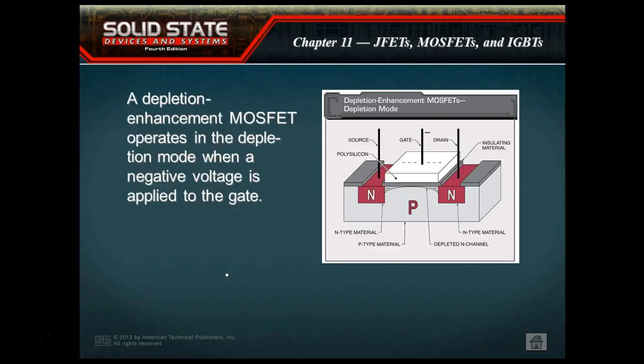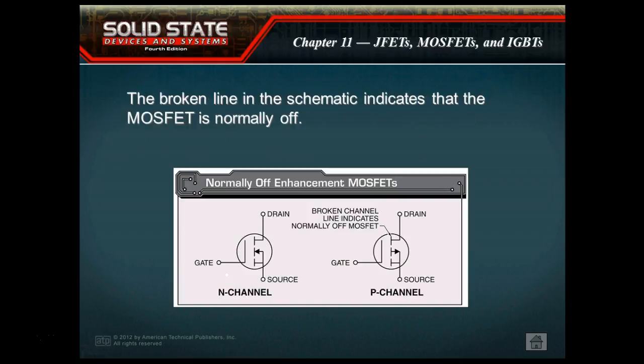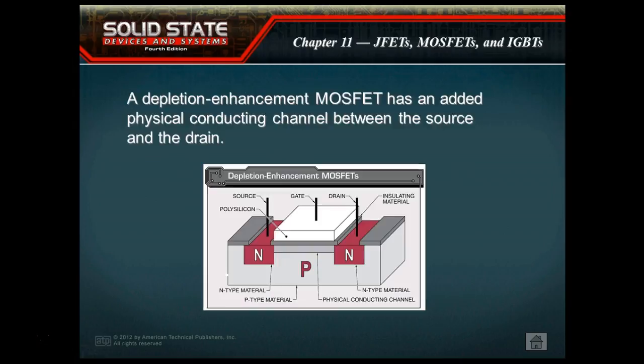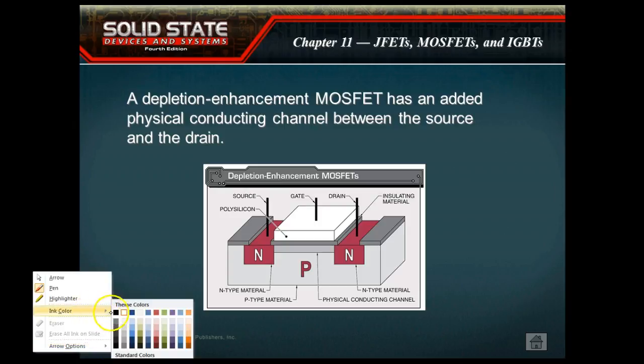Another problem we have, especially when we get into MOSFETs, that we really need to talk about is this insulating layer right here. This guy right here is extremely thin.